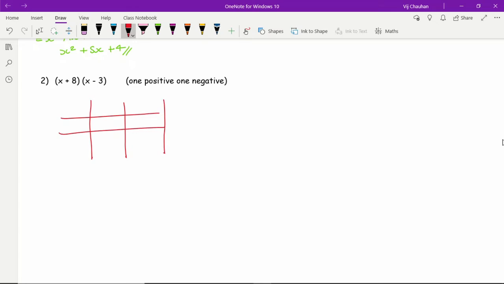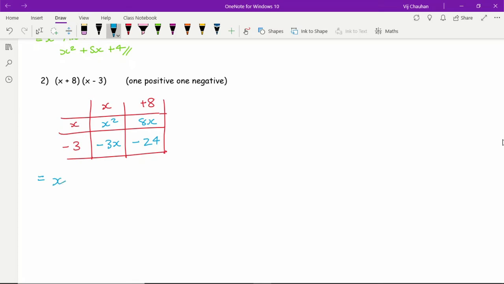Now when you have got negatives inside the brackets, this is where it's really important you do write down the signs of the numbers in your headings of each of the columns and rows, as you can see what I've done here. So working this out, I've got x squared, and again remembering that we're multiplying, not adding, x times positive 8, so I've got 8x, I've got minus 3x, and 8 times 3 is 24, and a positive times a negative gives me a negative number.